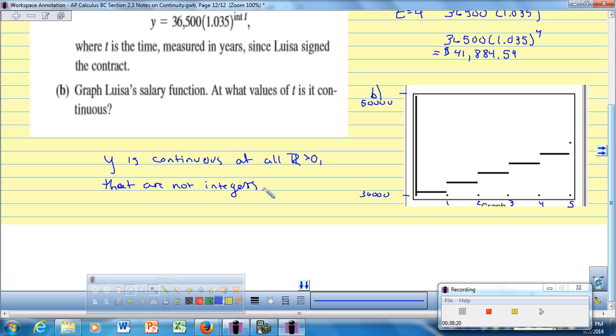And I should be more specific because they said that she would receive this salary increase for 4 years. So really, y is continuous at all t such that t is greater than 0 and less than or equal to 4, and t is not an integer.